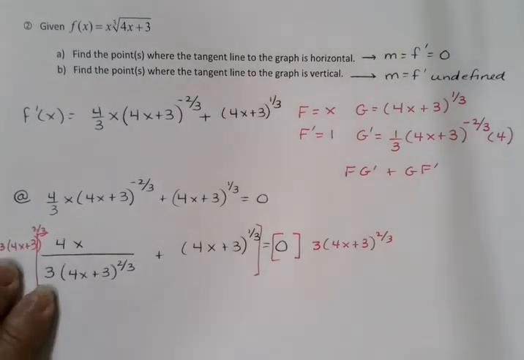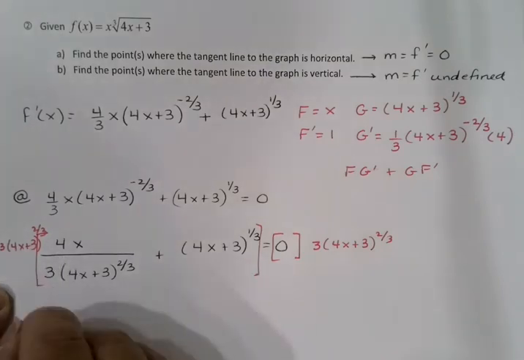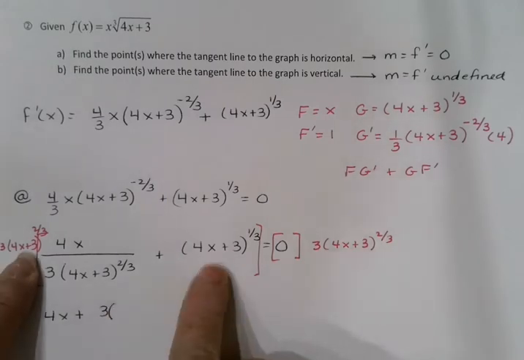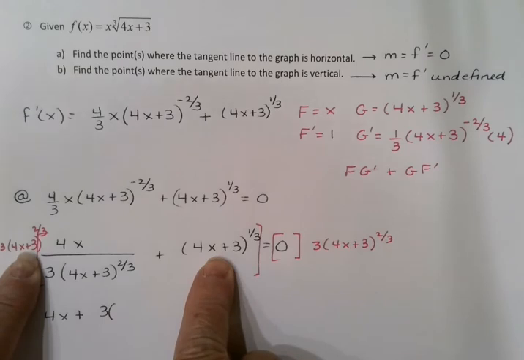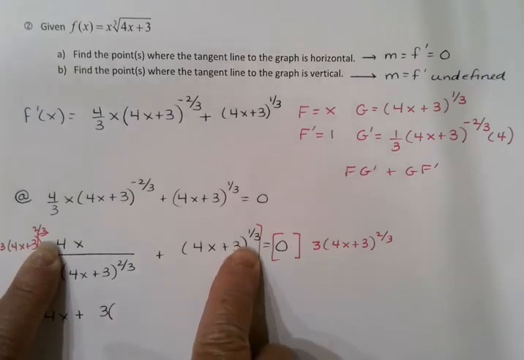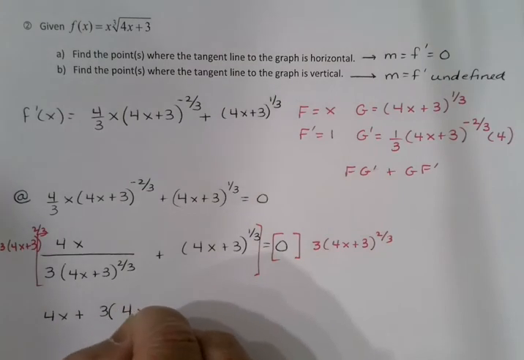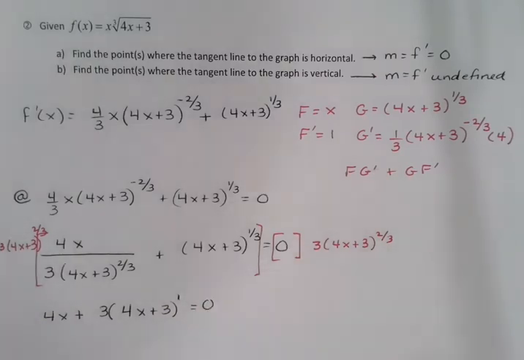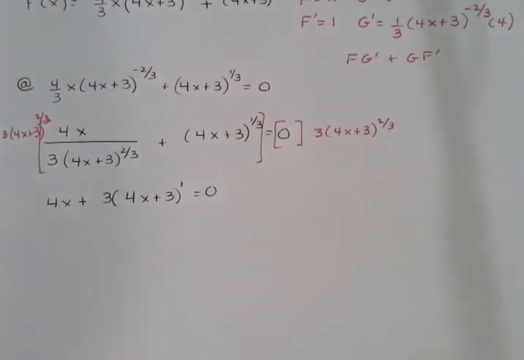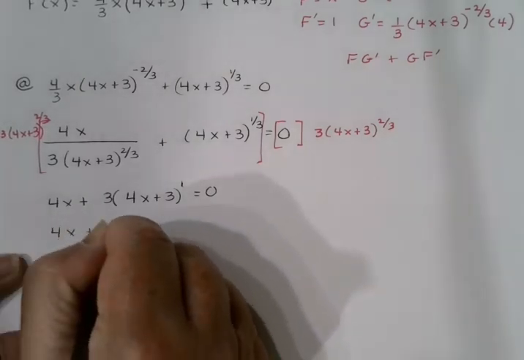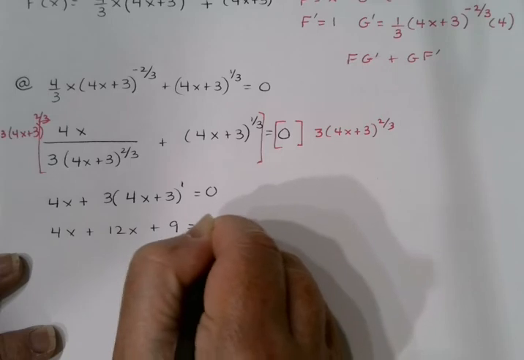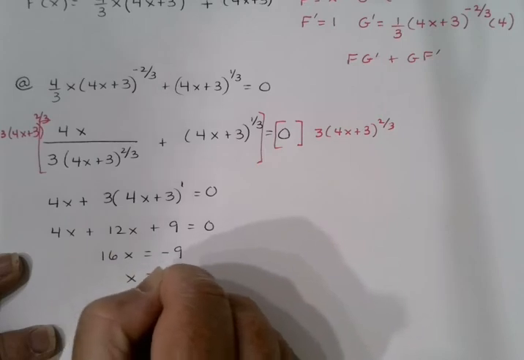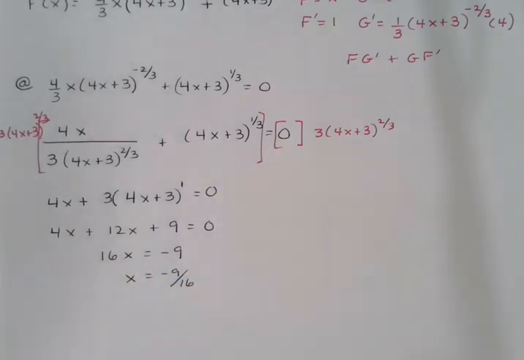And that means it's just going to cancel out the denominator here, leaving me with 4x. And here I'm going to get a 3, and then this will be (4x plus 3) to the first power. 2/3 plus 1/3 is first power. And of course anything times 0 is 0. And so I've got 4x plus 12x plus 9 equals 0. 16x is negative 9. And x would be negative 9/16.